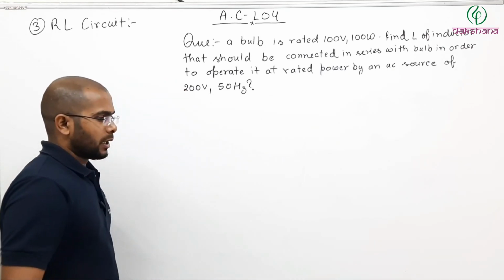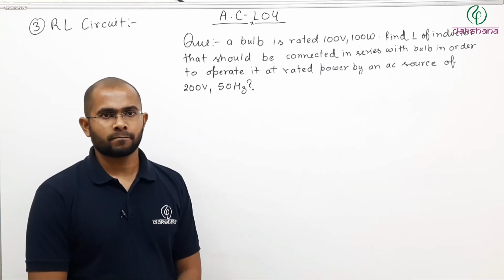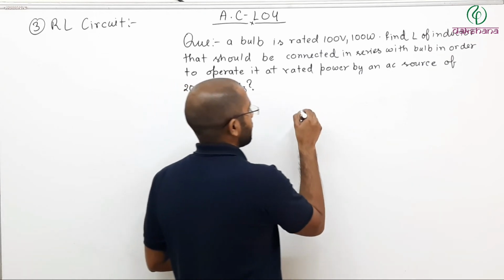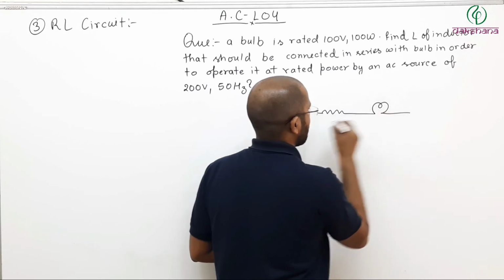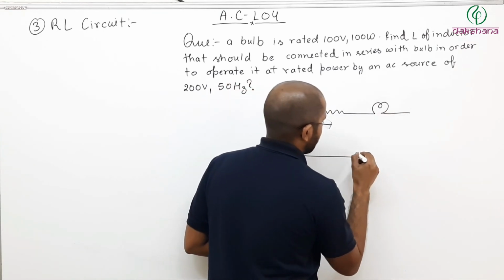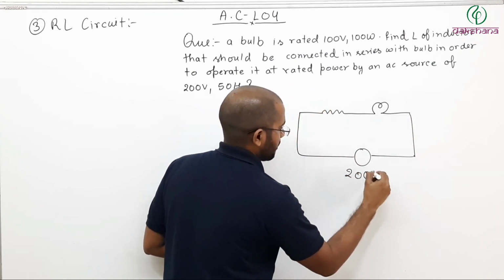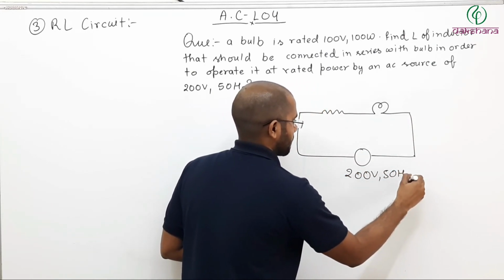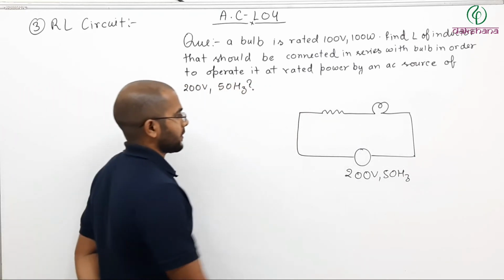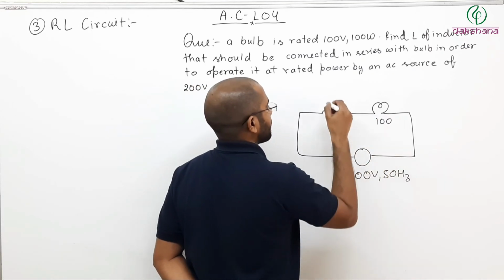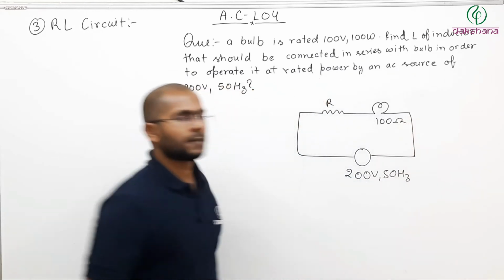Okay. Now what I can do is, I can add an extra resistance in the circuit. So for example, I make my circuit like this. This is the bulb and this is your circuit. I added an extra resistance. So this is 100, this is R. Now what should be the value of this extra resistance?